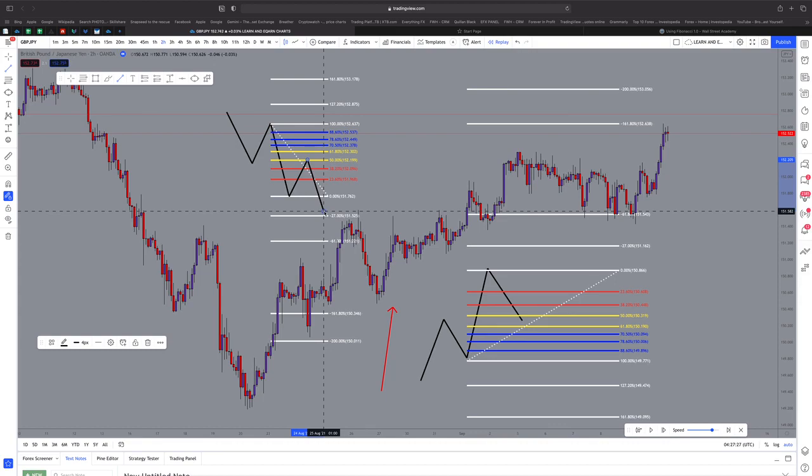When you're doing fibs, keep in mind that price can settle on any one of these levels, and that it all goes according to market structure. It goes from your previous lower high in a downtrend to your previous lower low to get your next lower high.